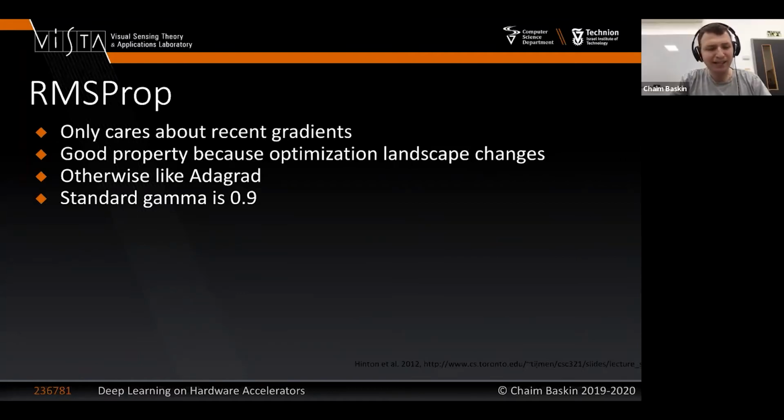Actually you're right, because in the first way people implemented Adagrad, it was by keeping the whole map of the gradients. But by looking only at the norm, you don't need to keep all the gradients.